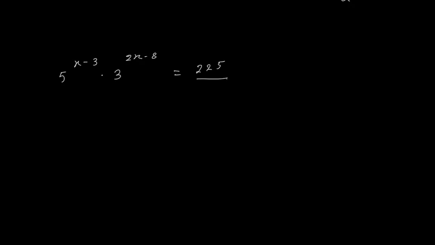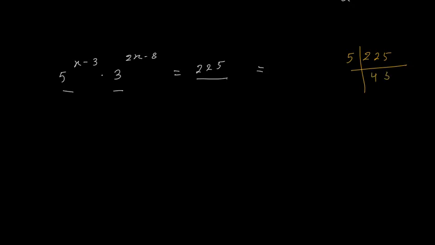Here I have 5 and 3. So better I will factorize 225 so that I will get some 5 term and some 3 term. Let us find the prime factors. With 5, if I start, 5 fours are 20, now 25: 5 fives are 25.